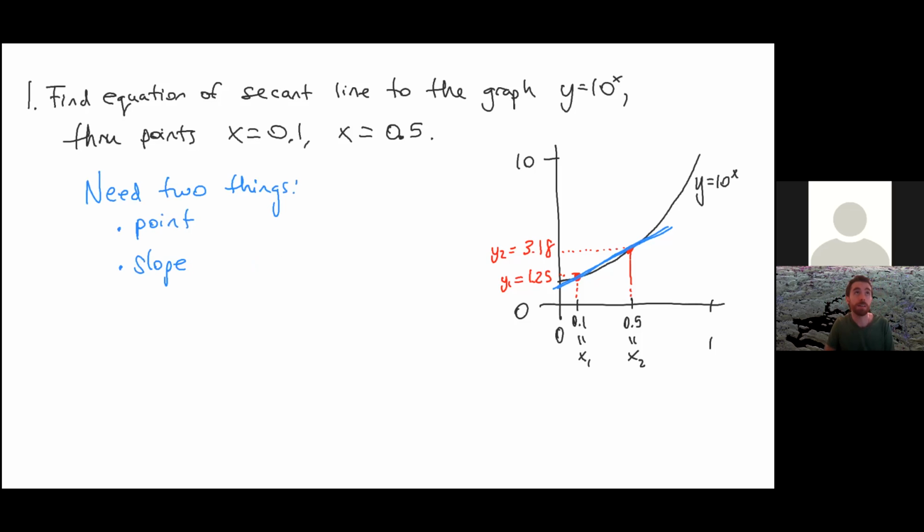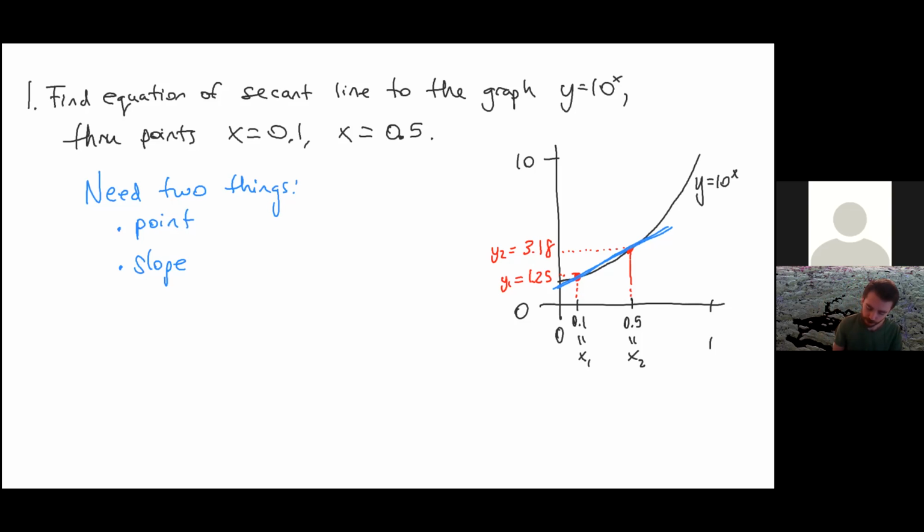Or sorry, we could either have slope and intercept or point slope, either one. We're going to go with point slope because we already have some points. It should be easy enough to find the slope of this line. So let's do that. Let's pick a point.